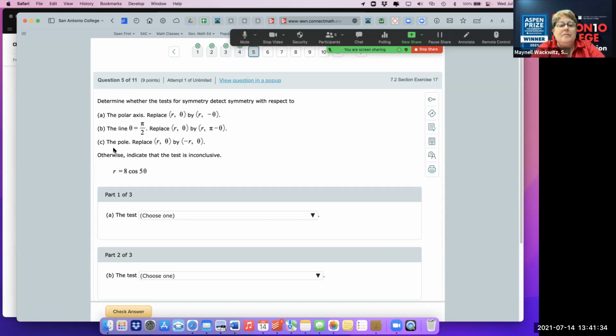And finally, to see if we have symmetry with respect to the pole, we're going to let every r be negative r. Okay, well, we've got r is equal to 7. I'm going to replace all the r's with negative r. So I get r equals -7. Let's look at that graph in Desmos.